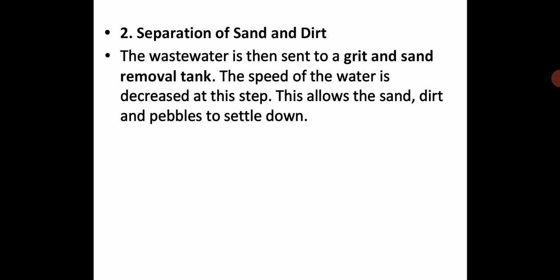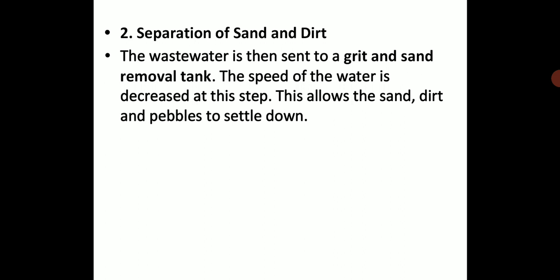Now, the second method we are going to start in this session. I hope you are writing and you are going to continue the writing part in this session. The second method of wastewater treatment is separation of sand and dirt. How are you going to separate sand and dirt? After small and large objects, you are separating sand and dirt.